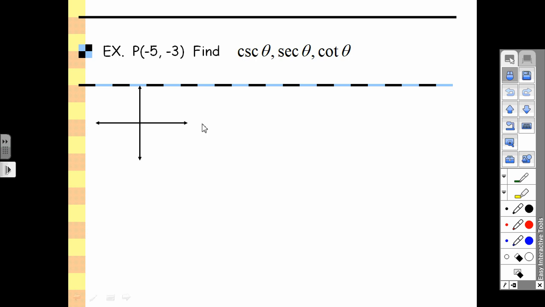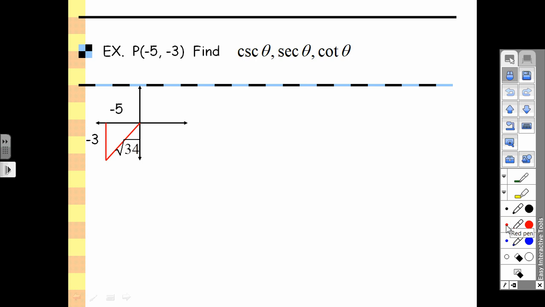So for example, I give you a point P, and I want to have the ray pass through that point, and then I want to find cosecant, secant, and cotangent of the theta that's created by that ray. So if we look at this one, where P is -5, -3, that's going to put us down here in the third quadrant, and we can fill in the values of -5 and -3, and do a little math with the Pythagorean theorem, and we get that the hypotenuse, or the radius, is the square root of 34.